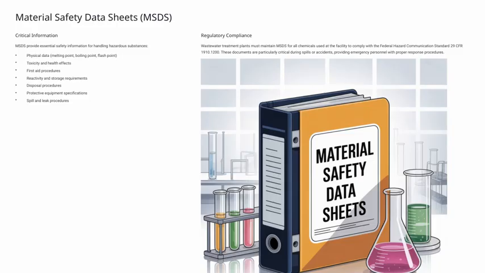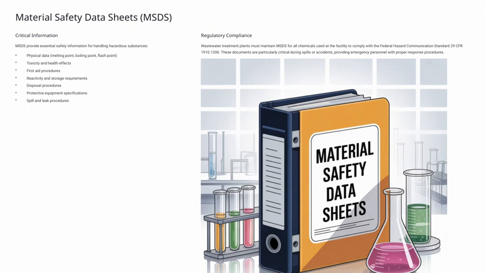Let's talk about the importance of material safety data sheets, or MSDS. These documents are essential because they provide critical safety information for handling hazardous substances. For instance, they include physical data such as melting points, boiling points, and flash points, which help us understand how the material behaves under different conditions. MSDS also outline toxicity levels and potential health effects, so we're aware of the risks involved.